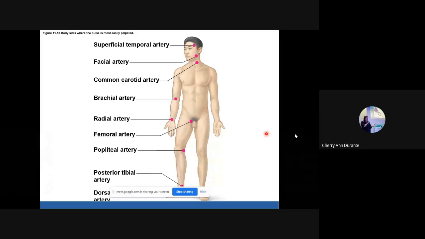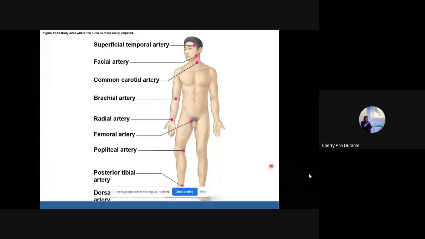Anyone? Did you find it? None? Popliteal artery? Back of the knee. There is one. Okay, good. Next is your posterior tibialis. So the posterior tibialis is located at the ankle.